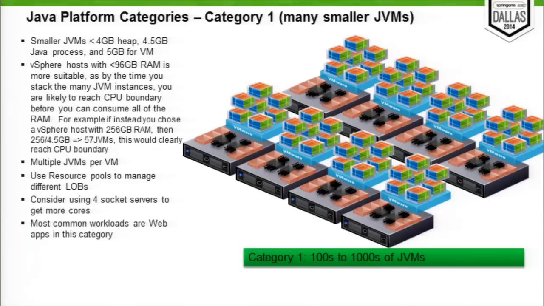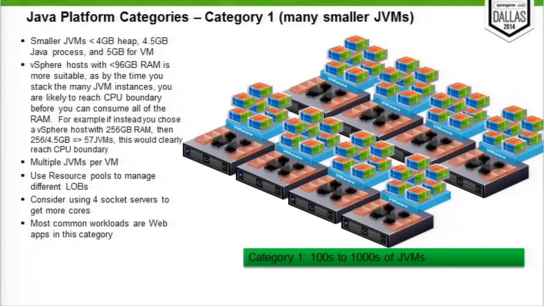Now, in this instance, it's a virtualized box, so we have vSphere running on there. But regardless, 57 JVMs against 16 cores, you'll reach CPU contention before you know it. If all of those 57 GC cycles happen to, unfortunately, coincide, you're going to run out of CPU. And so the problem with category 1 type of platforms is CPU, not memory.